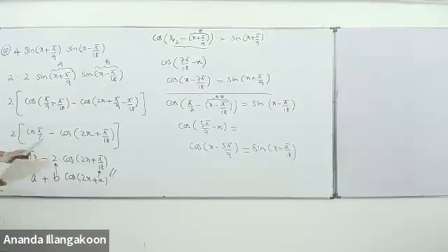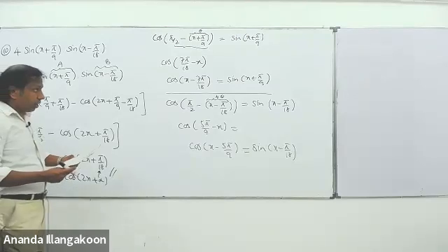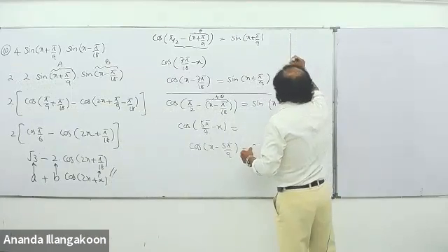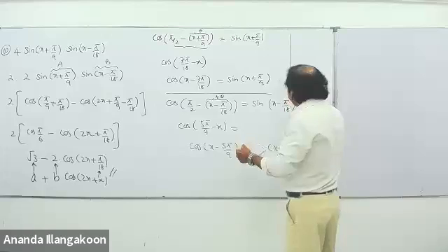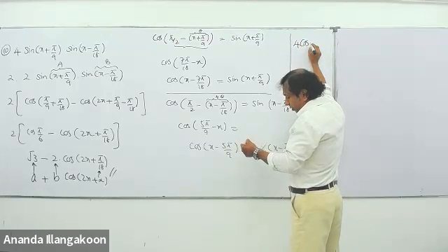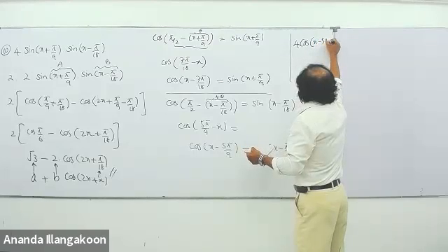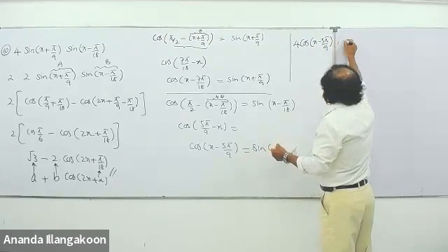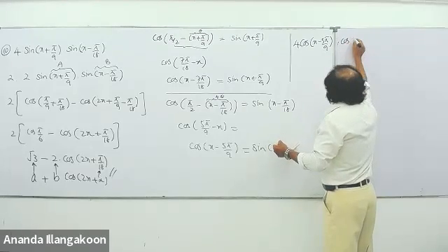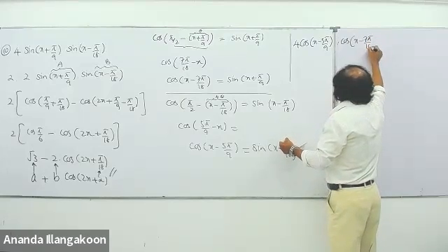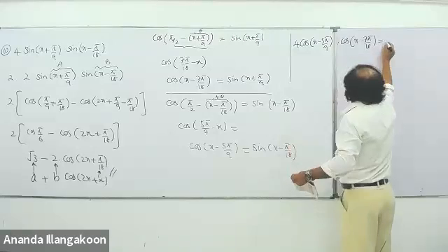Now, what is being asked? Hence, solve the equation. What is the equation? This: 4 cos(x − 5π/9) cos(x − 7π/18) equals what? Root 3 minus 1.